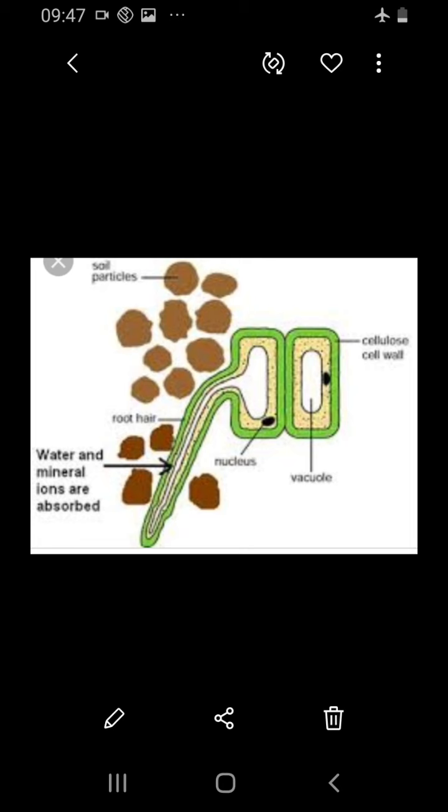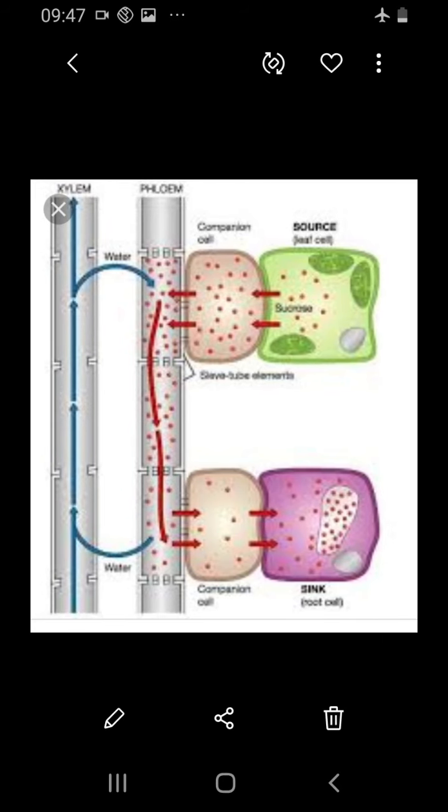Next, let's see the translocation of sugar. How are sugars translocated? The mechanism of translocation of sugar from the source to the sink is through the pressure flow hypothesis. Glucose is prepared at the source. Glucose is the food material prepared during photosynthesis, and it is converted to sucrose.